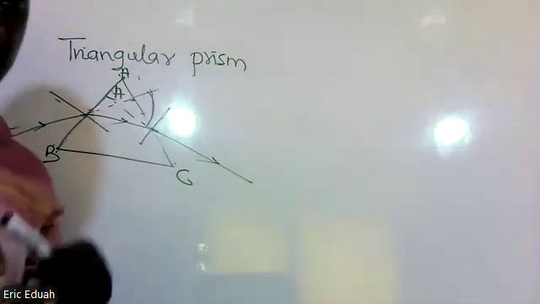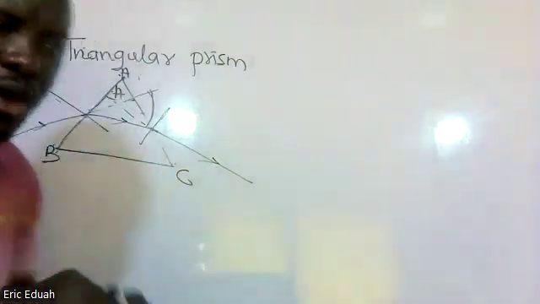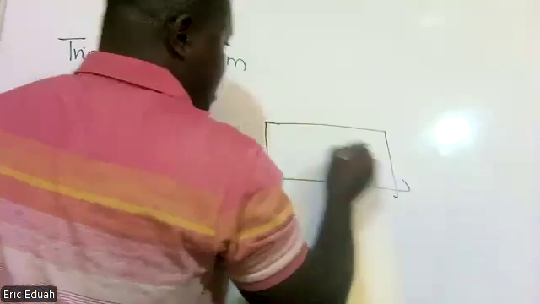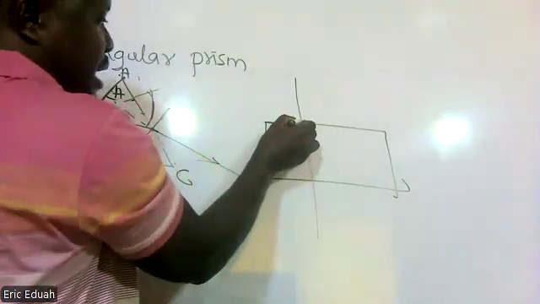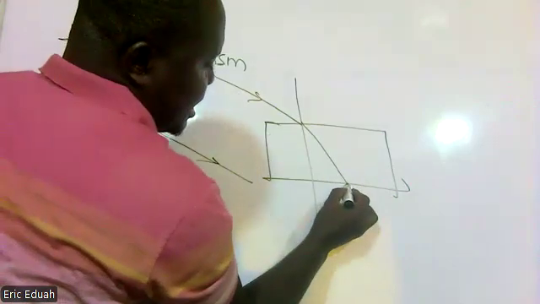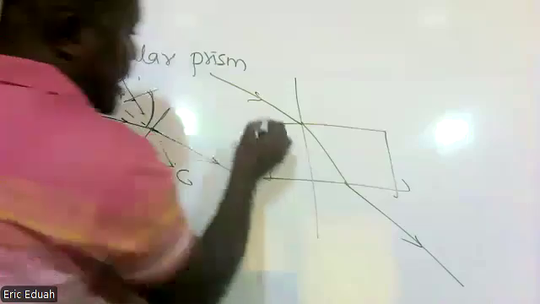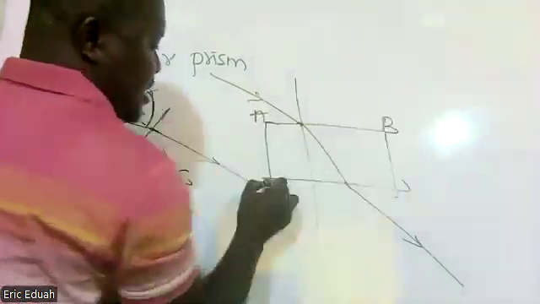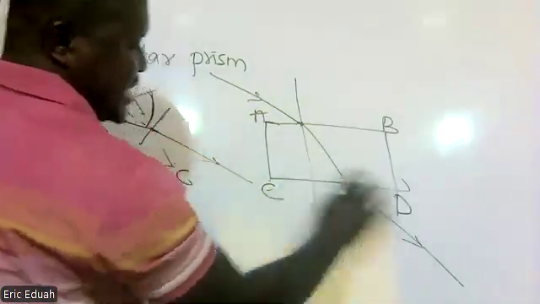So unlike a rectangular prism where light goes through a single deviation, if there's a normal and you incident light, it will deviate and then come out from the other end. But whatever pertains at AB, the same thing pertains at DC.